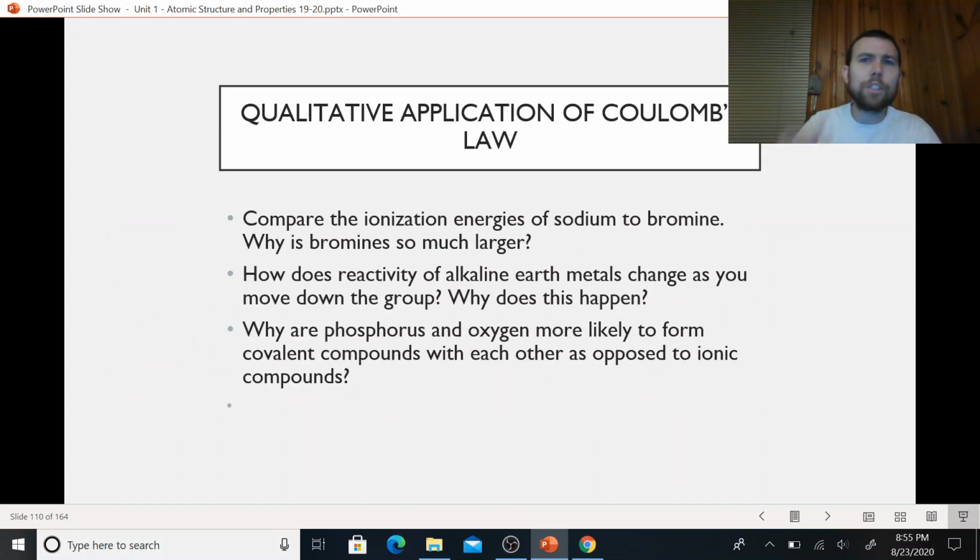Now, some questions for us to consider as we think about Coulomb's law. If you were to look up the ionization energies of sodium to bromine, you would find that the ionization energy of bromine is significantly larger than that of sodium. And so the question becomes, why is that the case?